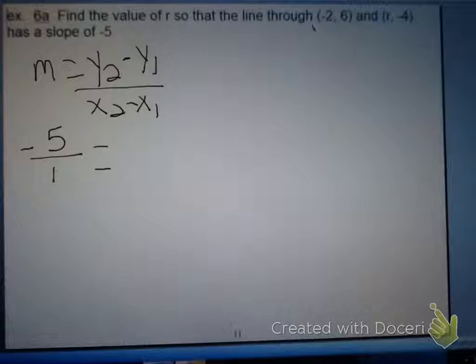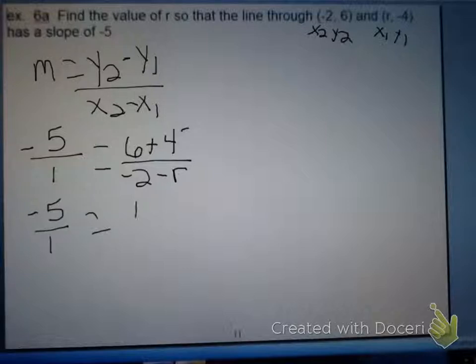My y2 is 6 minus a negative 4, which is plus 4, over negative 2 minus r. Now right here, 6 plus 4, I'm going to rewrite that to say negative 5 over 1 is equal to 10 over negative 2 minus r.